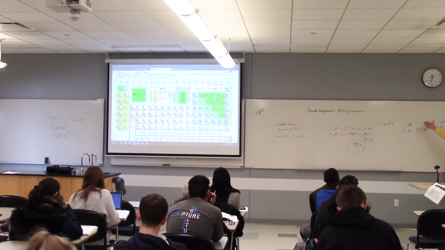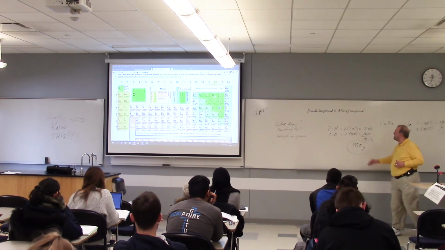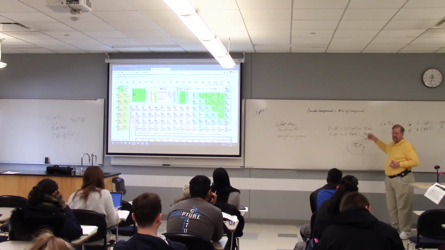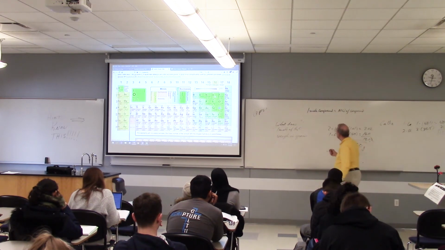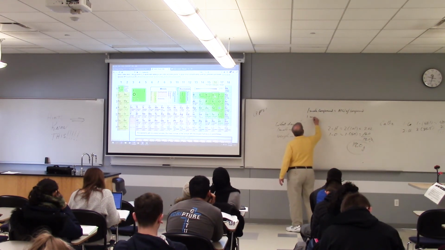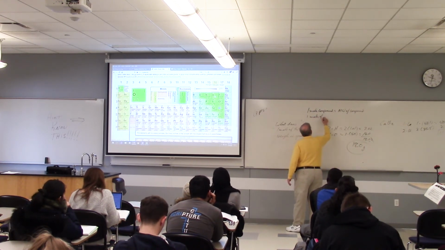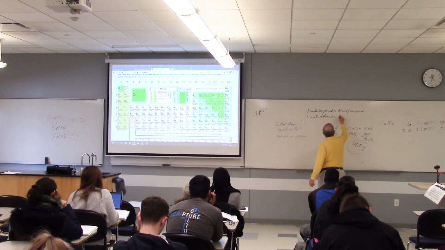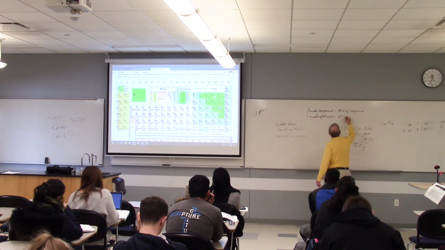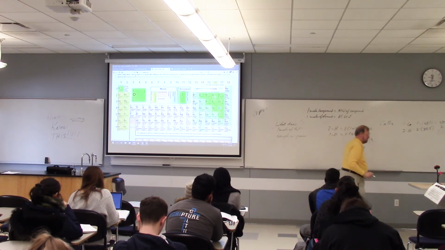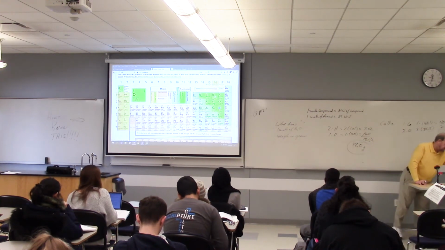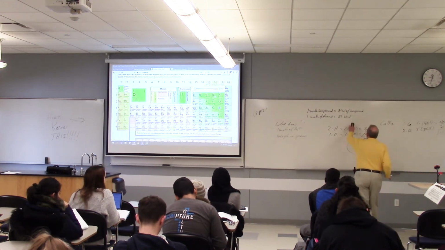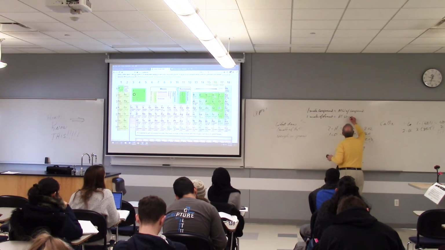Anyways, let's get back to this. 1 mole of a compound equals its molecular weight. At the same time, I can also do this. I complained about the boards being dirty, now they're slippery.